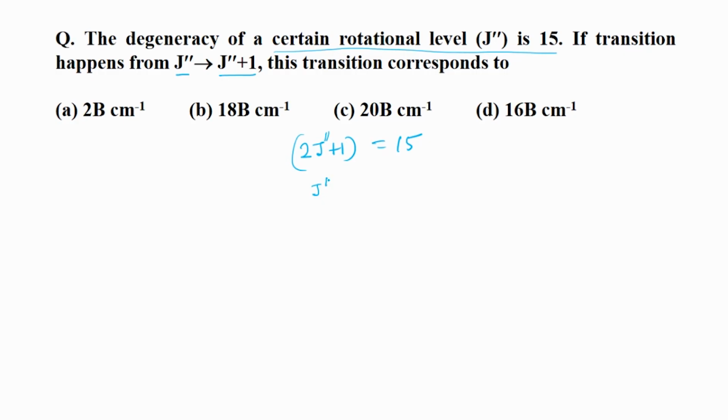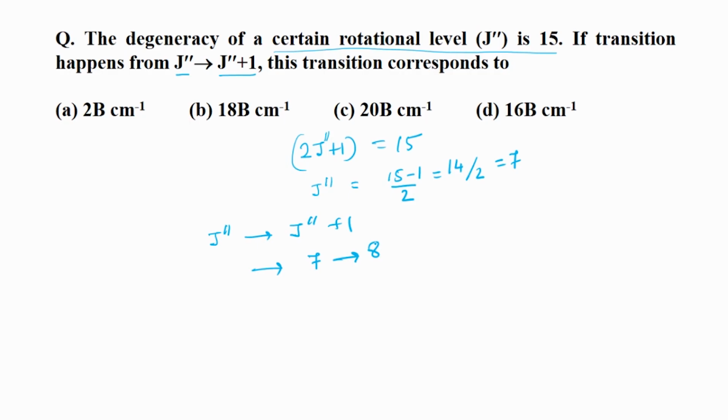So, j double prime equals 15 minus 1 divided by 2 equals 14 by 2 equals 7. So, we are talking now about a transition that happens from j double prime to j double prime plus 1, that is the transition is from 7 to 8.